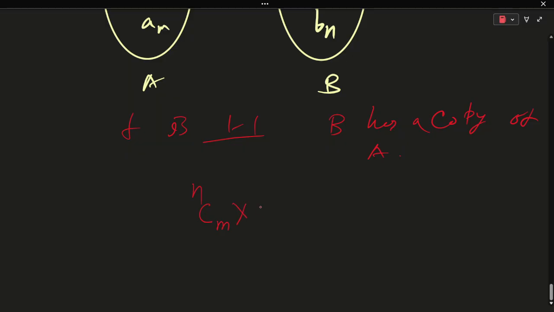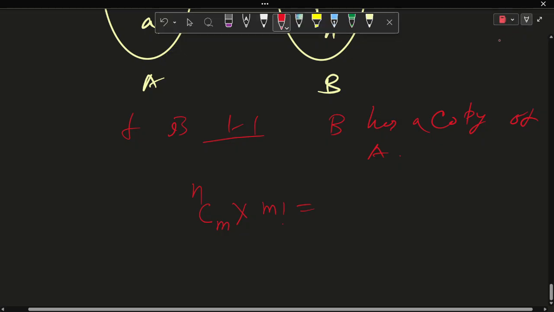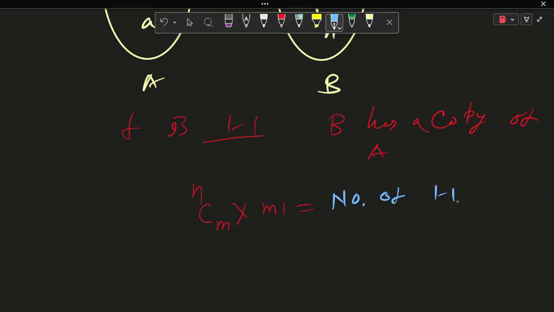Okay, permute m elements. So this is actually the number of one-one functions from A to B.